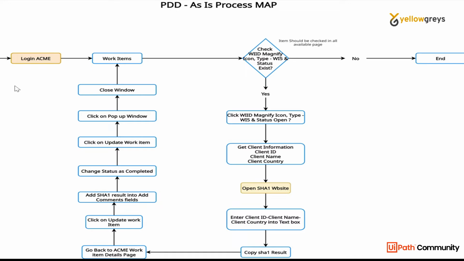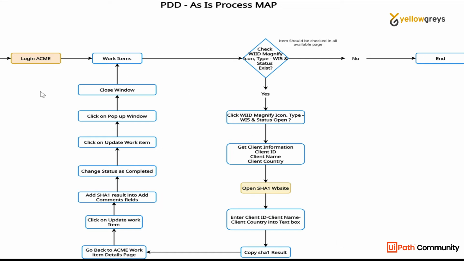I took the ACME official web page from UiPath, made a small modification in the process, and included some other logic to achieve the entire process steps. So this is the entire process flow.